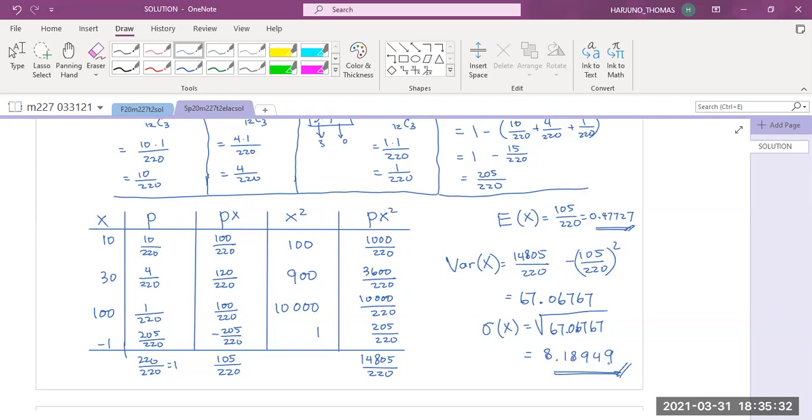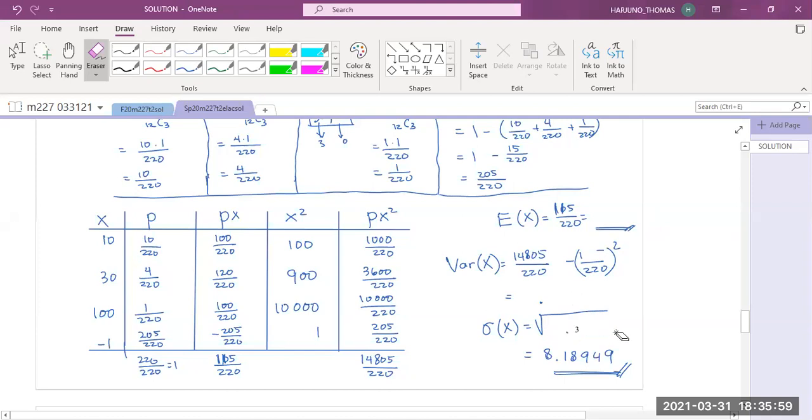So 100 plus 120 plus 100 minus 205. That's 115. So this number is supposed to be 115 over 220. Okay, so 115 here. So I need to update this. I need to change this, change this, change this, change this. Okay, 115 over 220.